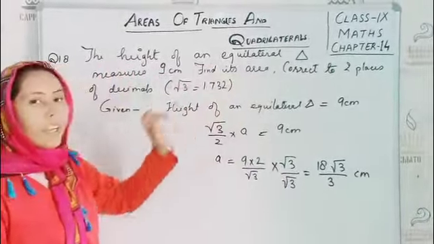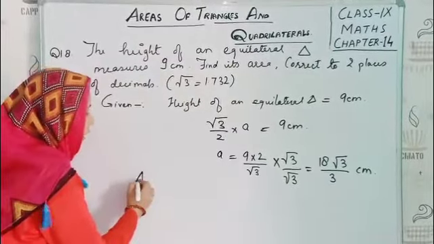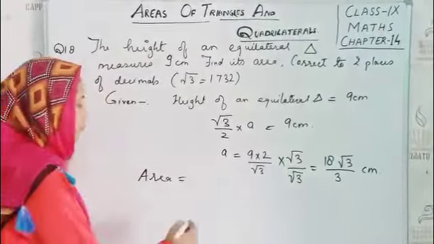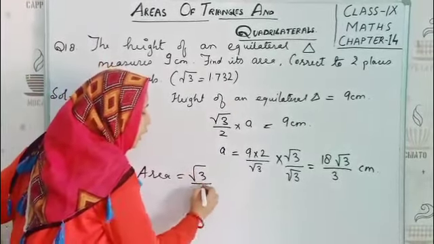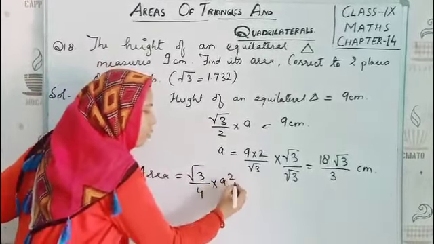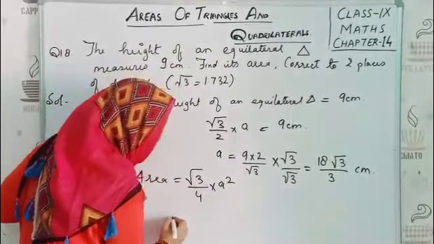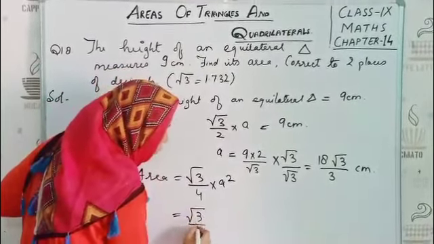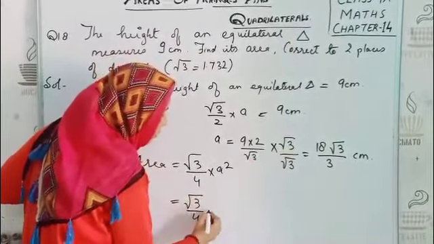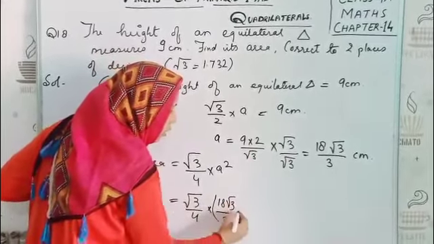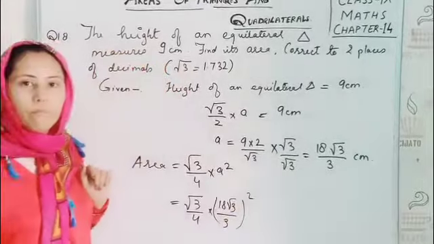Now they said to find the area of the triangle. So the area formula we also know. Area of an equilateral triangle is root 3 by 4 into A square. Put the value of A. It is equal to root 3 by 4, A is 18 root 3 upon 3 whole square.